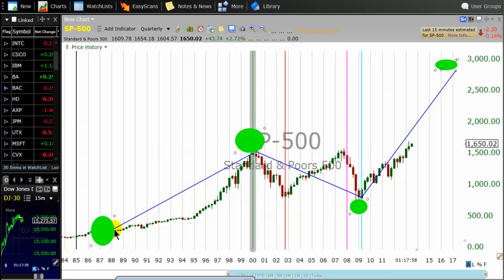In theory, the distance from A to B should be equal to the distance from C to D. Sometimes, repeat, sometimes the distance from C to D can be longer than the distance from A to B, even sometimes shorter. The theory, traders should always separate the theory from the reality of the market.